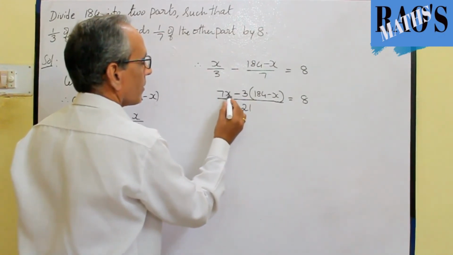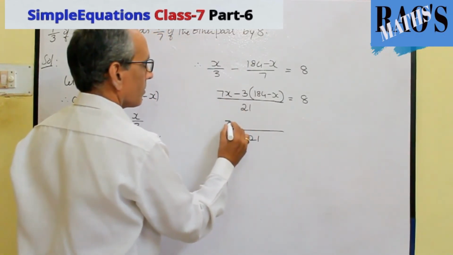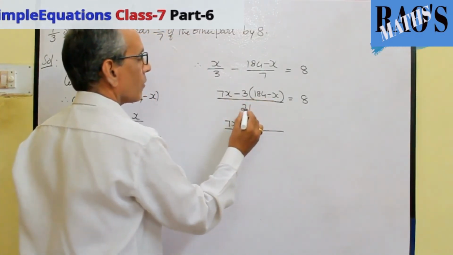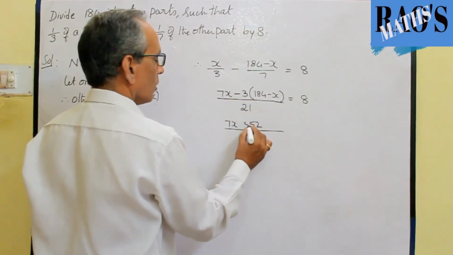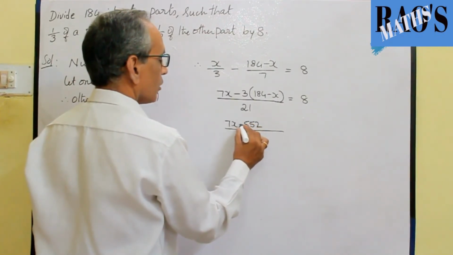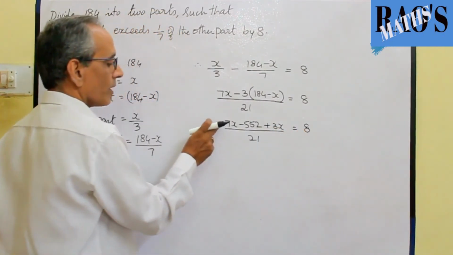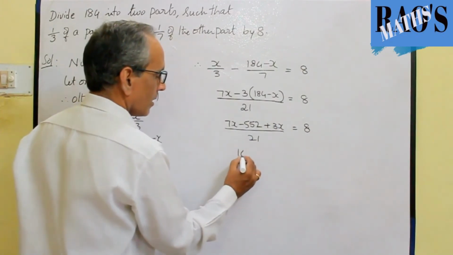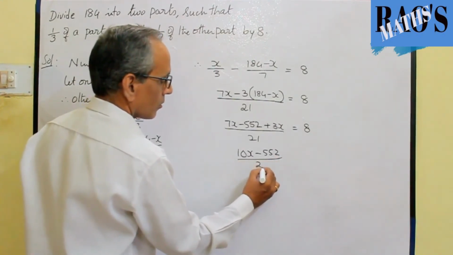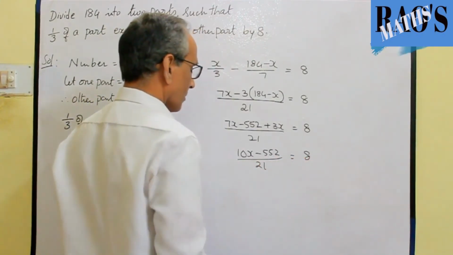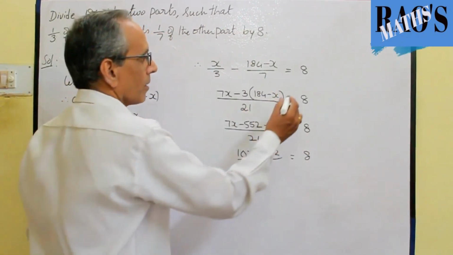Now multiply in the next step. So 7x minus 3 of 184. 3 4s are 12, 24, 552, plus 3x is equal to 8. You can simplify 7x plus 3x, which is 10x minus 552 by 21 is equal to 8. Now transpose 21.